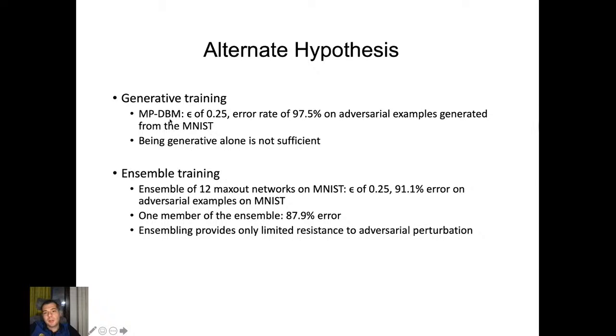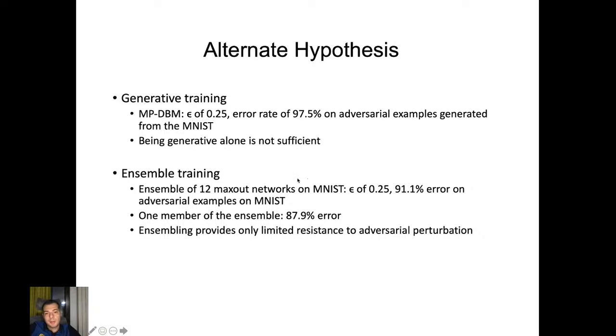So they test on the MNIST database, they test a deep Boltzmann machine, with an epsilon of 0.25, and they obtain an error rate of more than 90% on the adversarial examples. So it means that the generative models are not robust to adversarial examples.